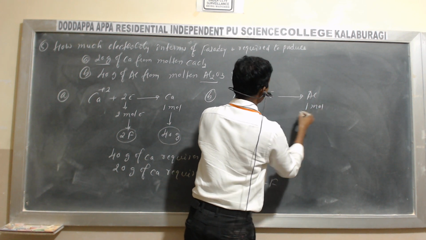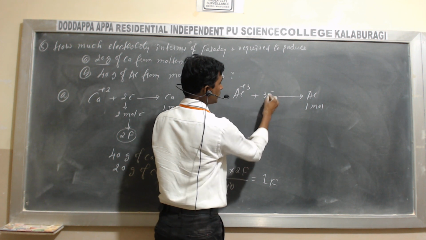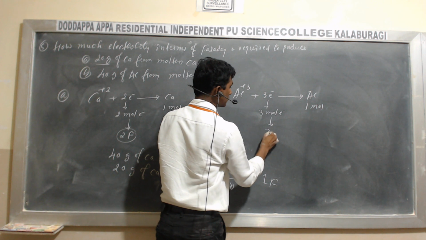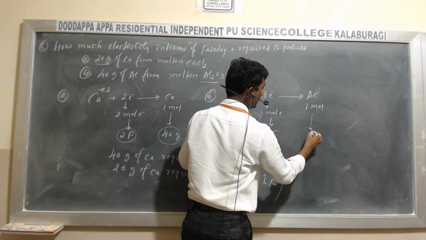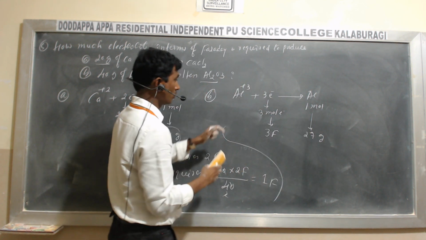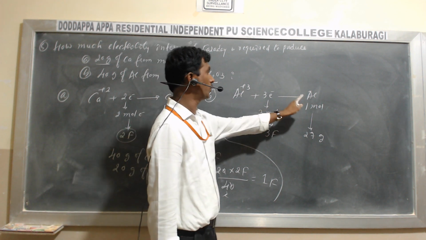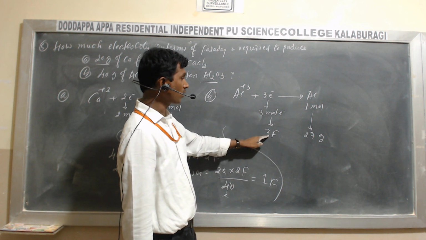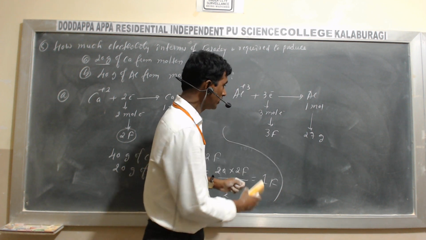It requires 3 Faraday, because it is 3 moles of electrons. 3 moles of electrons equal 3 Faraday, and it deposits 27 grams. So the reduction of 1 mole of Al plus 3 to Al requires 3 moles of electrons, equal to 3 Faraday, and 1 mole of aluminium is equal to 27 grams.